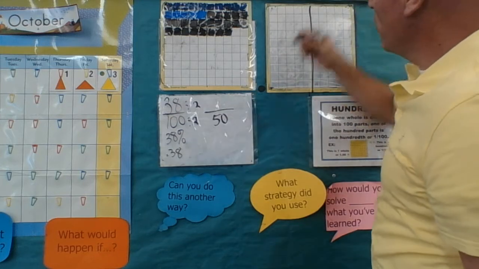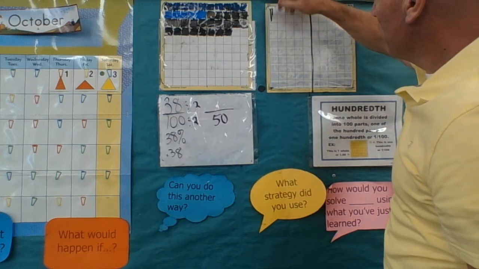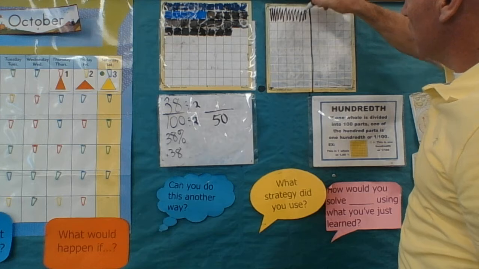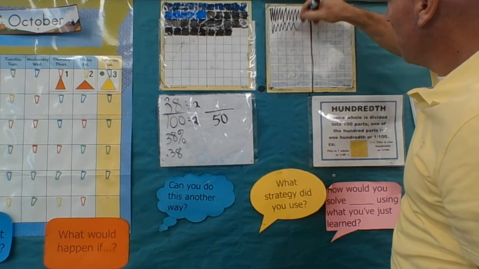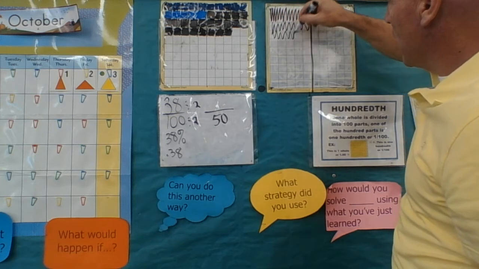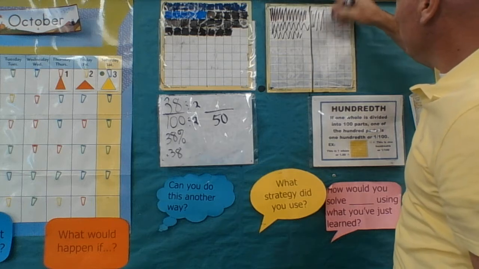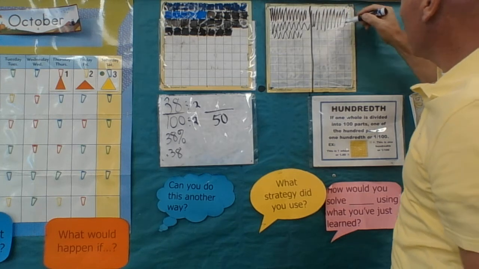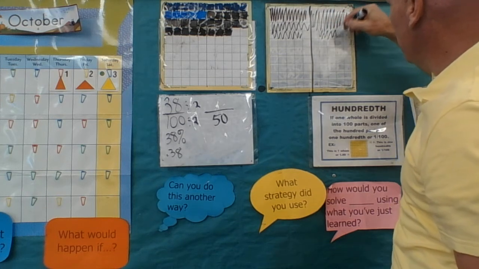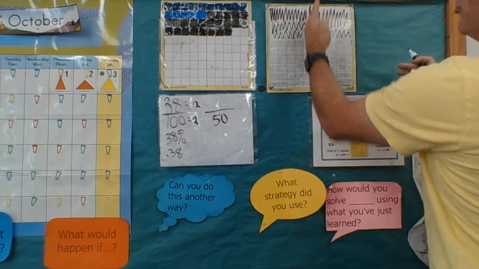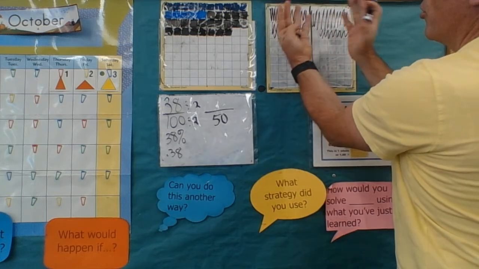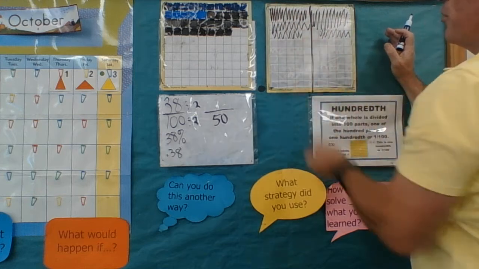Now 38, we realized, was 19 there and 19 there. And I drew it so it could show reflection. That's called reflection.